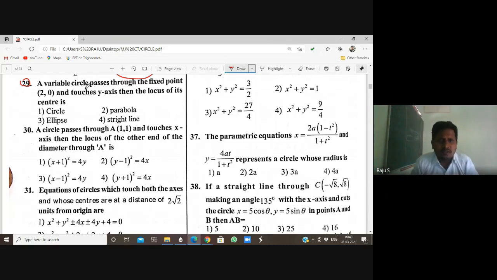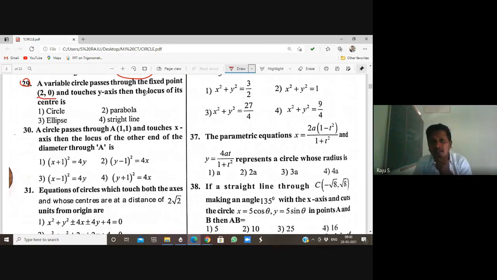29th question. A variable circle passes through the fixed point 2 comma 0 and touches the y-axis. Then the locus of its center. Locus of its center.